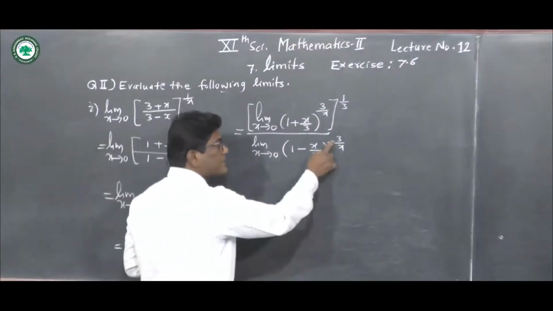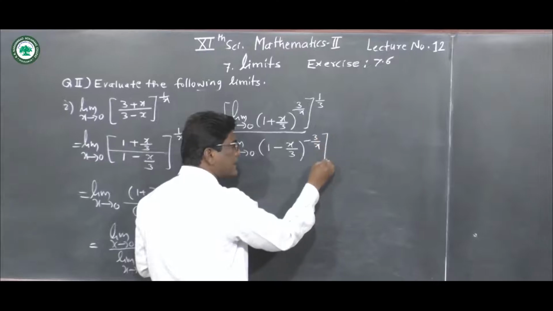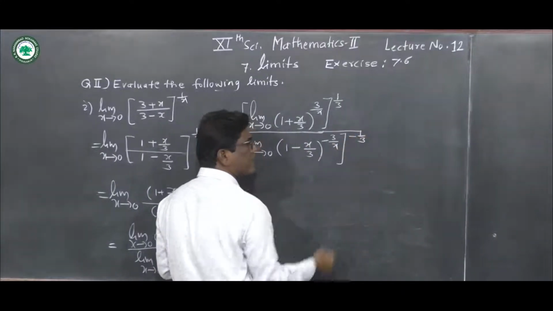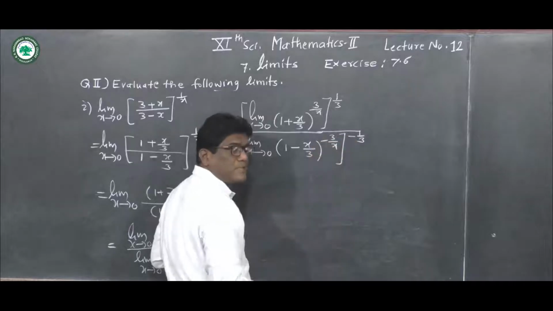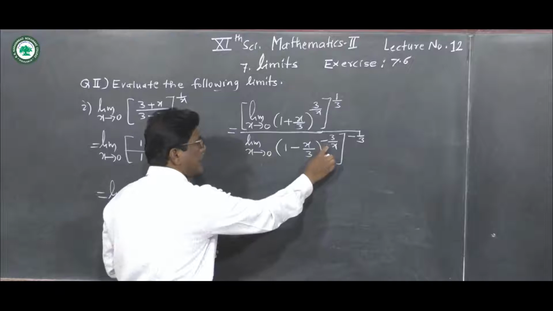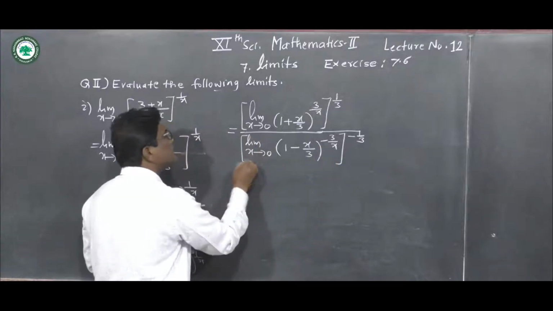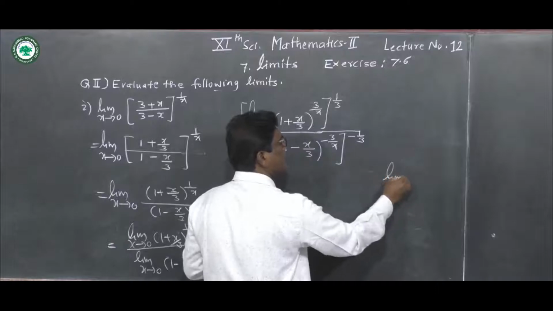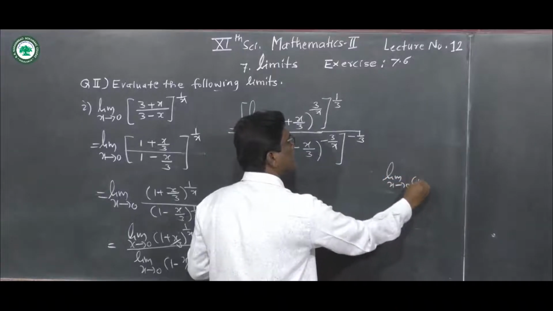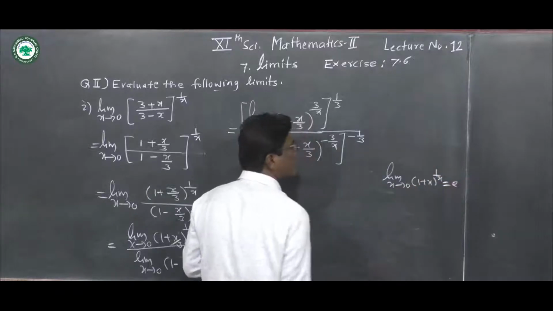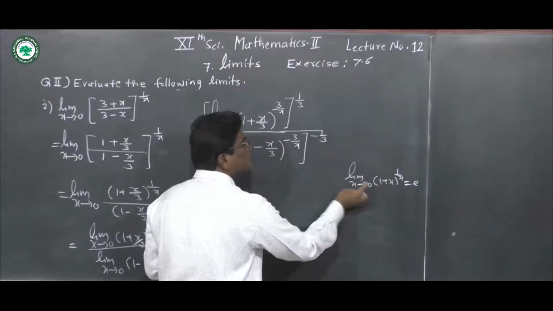So we have to cancel this minus 3. So we write this square bracket and here take minus 1 upon 3. So this minus minus becomes plus, and 3 and 3 get cancelled, so 1 upon x. So in this way we adjust this. And now here use the standard formula, limit as x tends to 0, (1 plus x) to the power 1 upon x, here it is e, but here x should tend to 0.